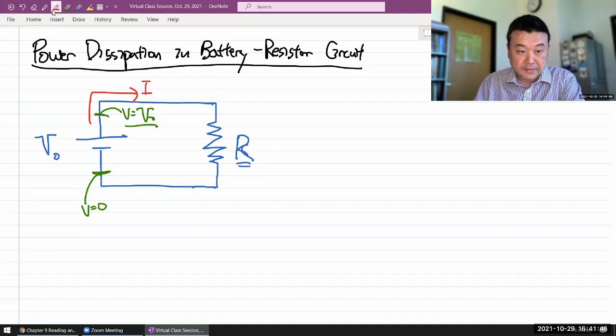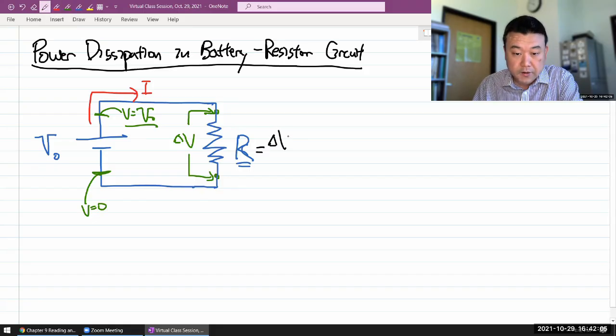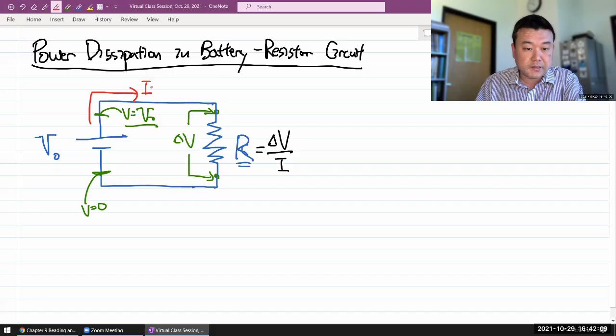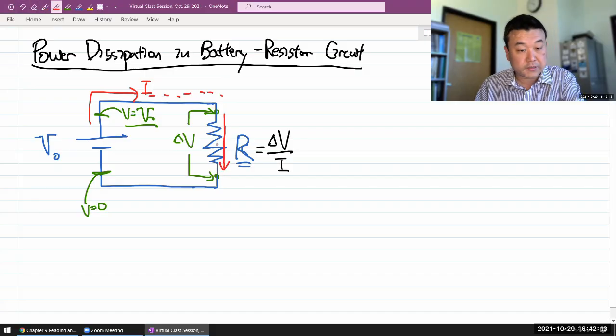This resistance is defined as the amount of voltage difference. Here the voltage difference that we care about is the difference from one end of the resistor to the other end of the resistor. So the resistance is defined as that voltage difference divided by the current, the same current that is going through the resistor.